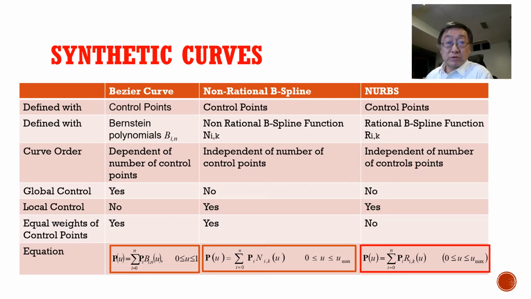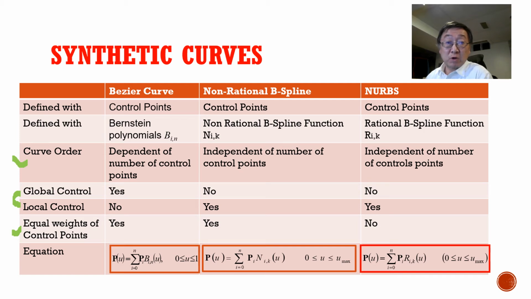This slide shows you the comparison of these three different types of curves. What I want to stress are three characteristics. First, curve order. The Bézier curve order is related to the number of control points. The more control points applied, the higher the curve order will be.